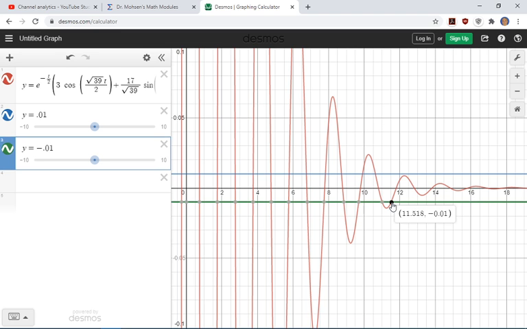So it gives you the answer to 3 decimal places. If you want a more accurate answer, we have to go through some song and dance to get the 4th or 5th decimal place. But for now, let's say 11.518 is a good answer we have.